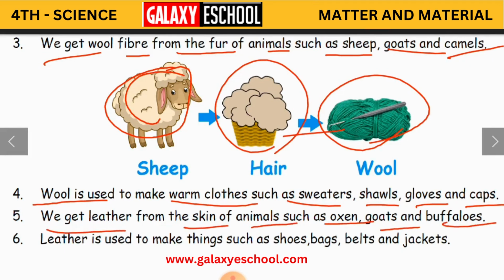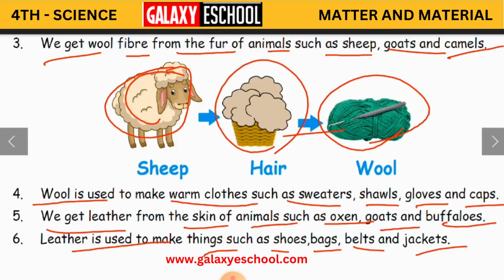Okay, so again we get leather from the skin of animals such as oxen, goats and buffaloes. So how do we get the leather? Leather is nothing but the skin of animals, like oxen, goats, buffaloes. This particular animal skin is used as leather. And leather is used to make things such as shoes, bags, belts and jackets.